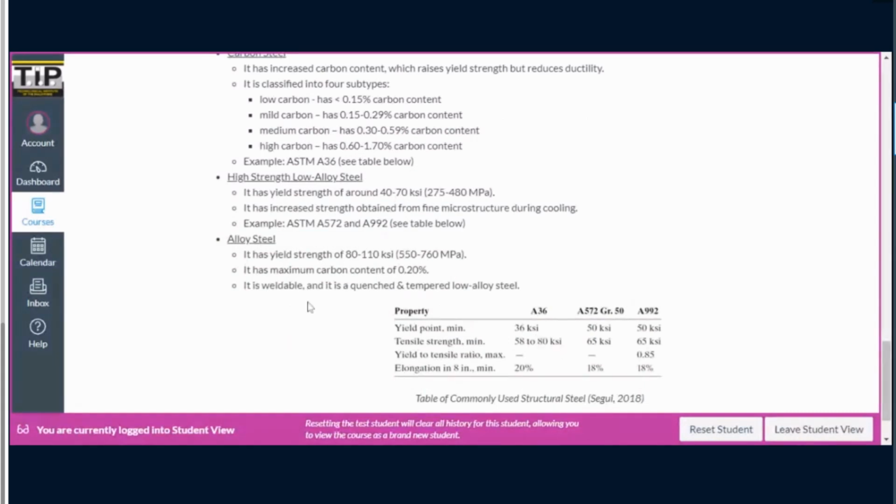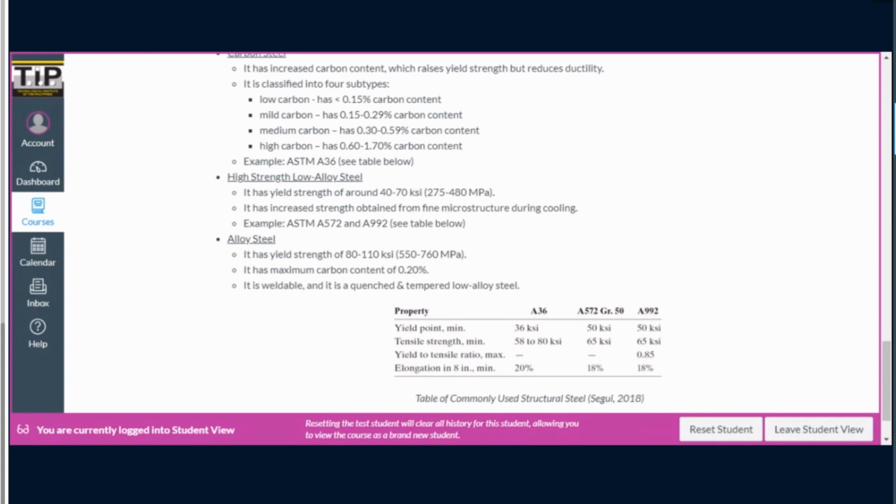While for the high strength low alloy, the usual range is around 40 to 70 KSI. Okay? So it has increased strength obtained from finer microstructure during the cooling process. So the heat treatment for high strength low alloy steel is pretty much different from that of the carbon steel. The process is much more intricate, just to attain this additional strength.